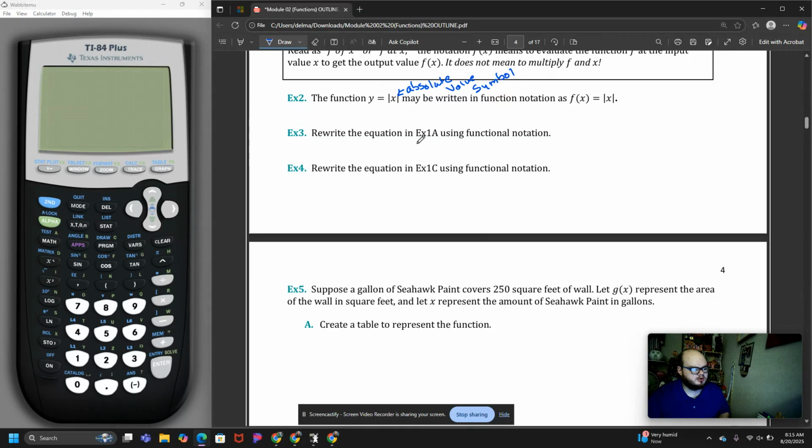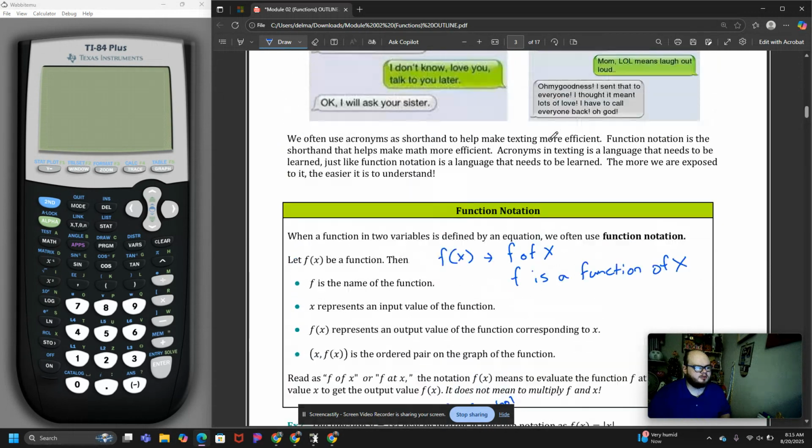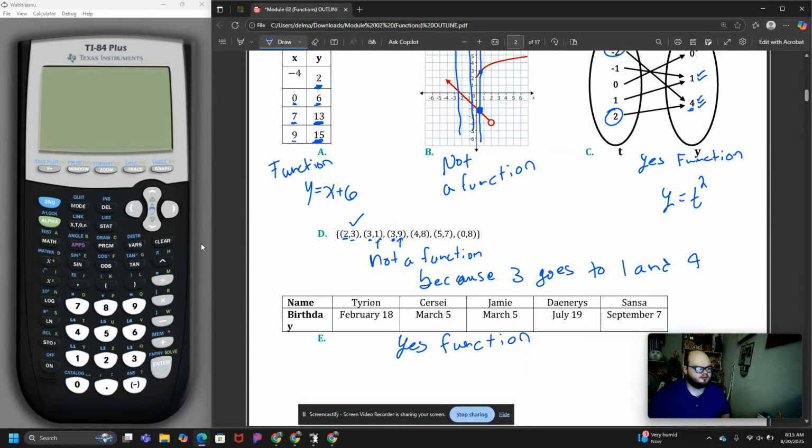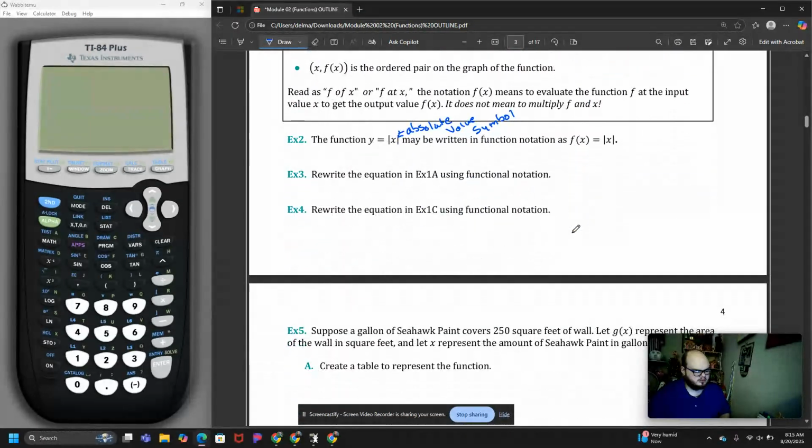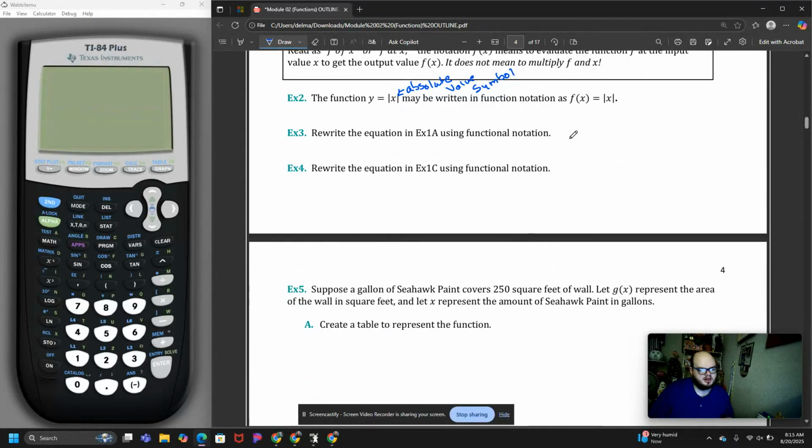So rewrite the equation in example 1a using function notation. I wrote that up here as y equals x plus 6. I can rewrite that as f of x equals x plus 6.